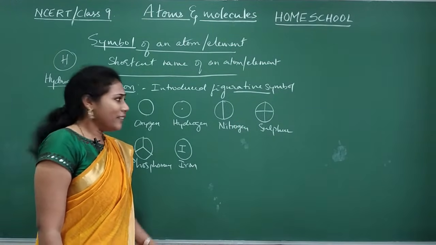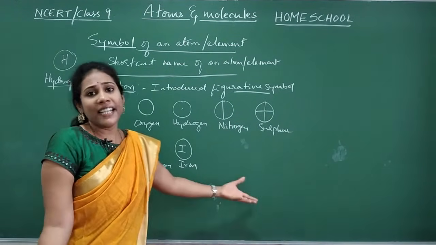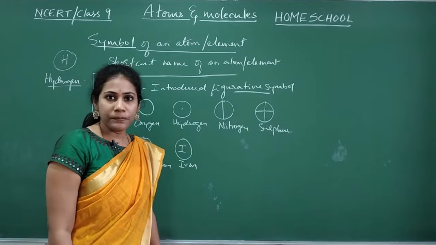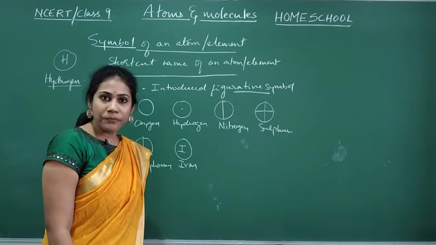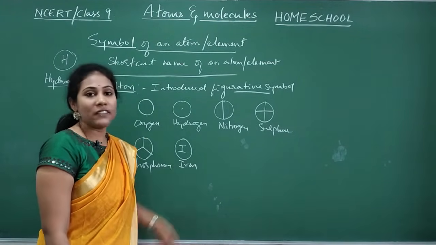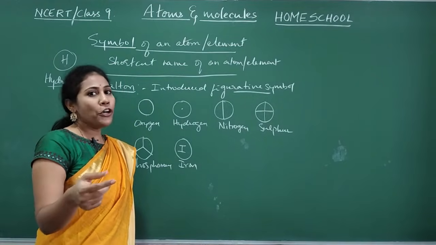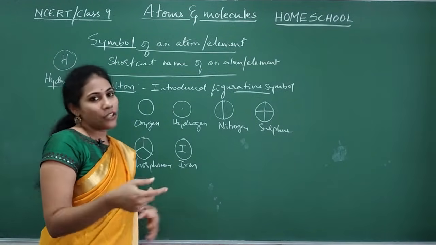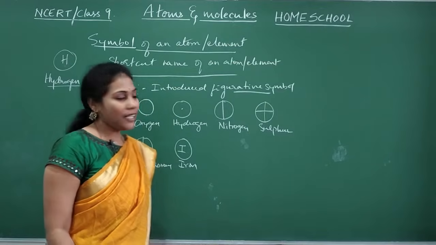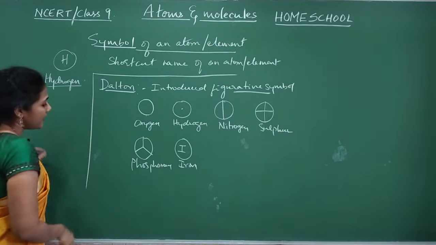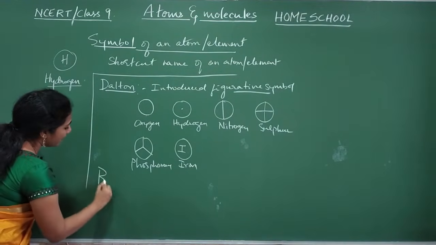Yes or no? There is a natural tendency to get confused in remembering such symbols if we represent them in this particular way, isn't it? So these symbols did not stay for much time. Okay, there came another scientist called Berzelius.